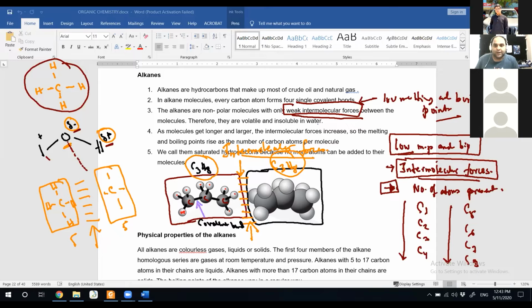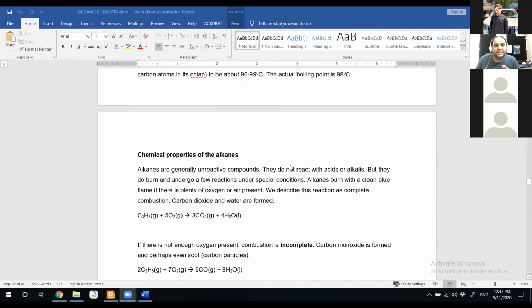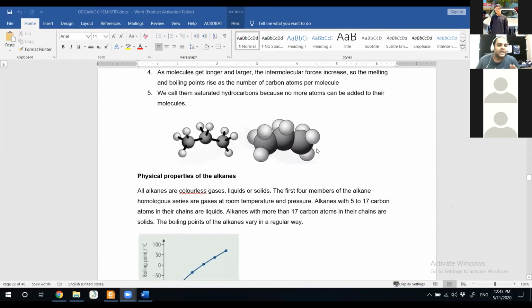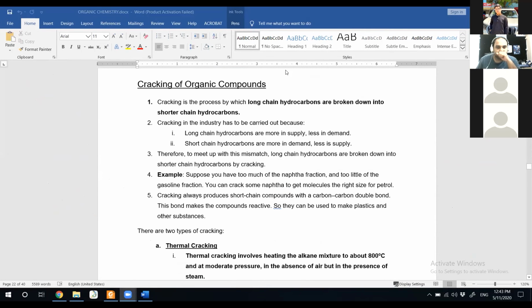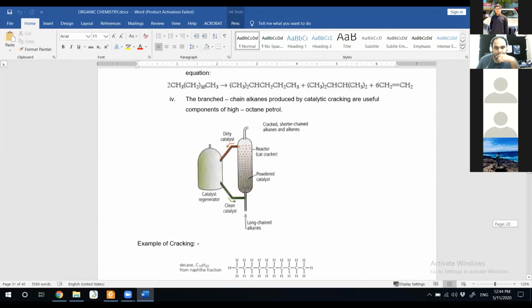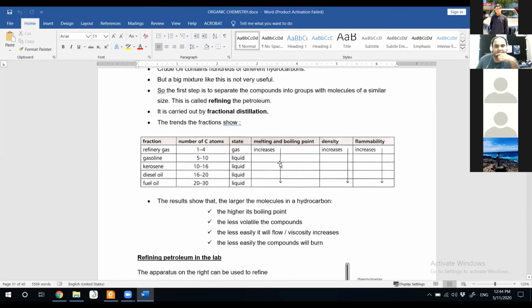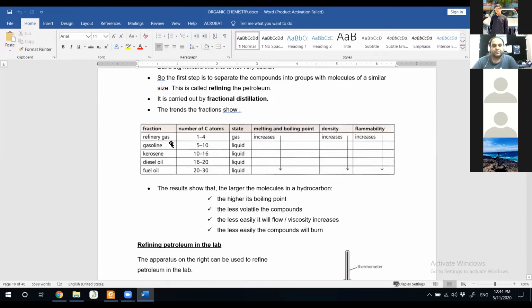Okay, so let's clear this out. Then there is nothing to memorize for physical properties. So see from here we can see that as the number of carbon atoms increases, what happens to the state?